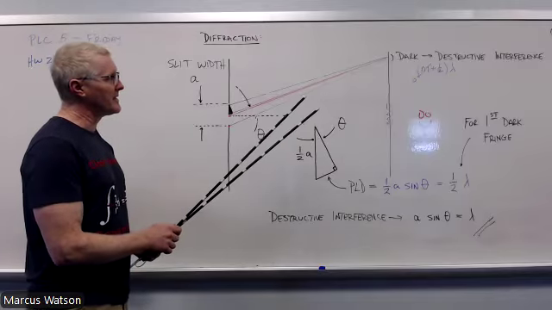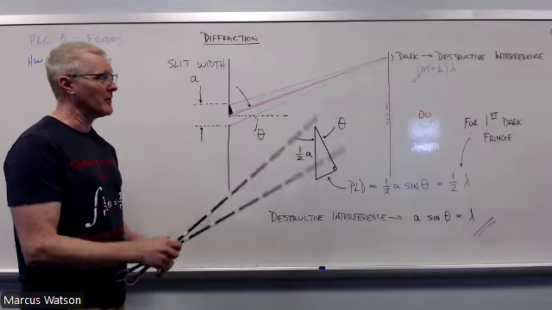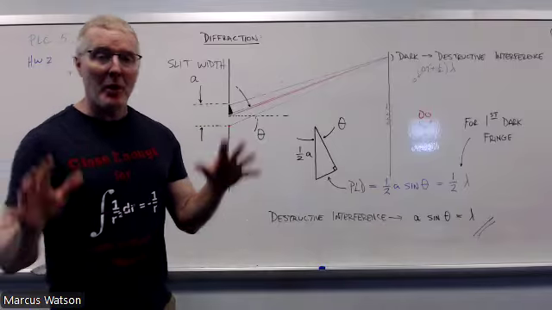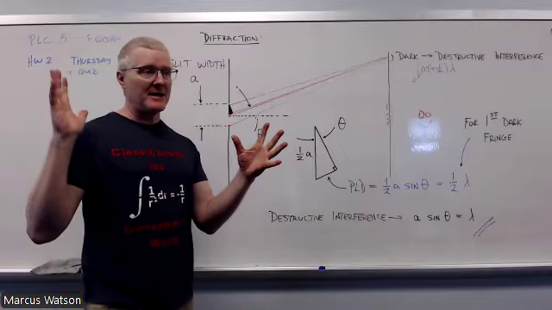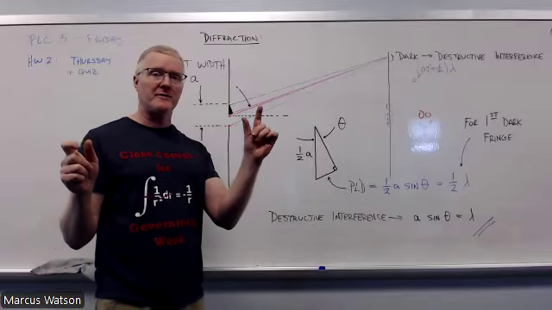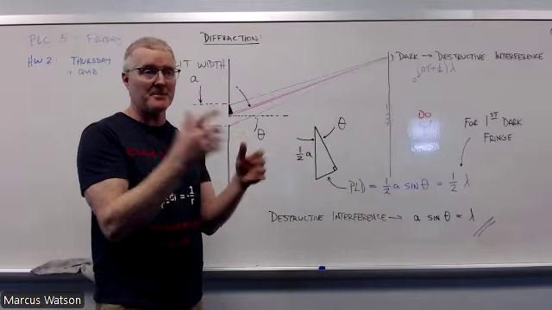Okay, so this is how the minimum from the single slit is found. You might remember with the double slit that we did both conditions. We did the destructive interference with the half wavelength off, and then we did the constructive interference with the integer number of wavelengths, giving you a bright spot.